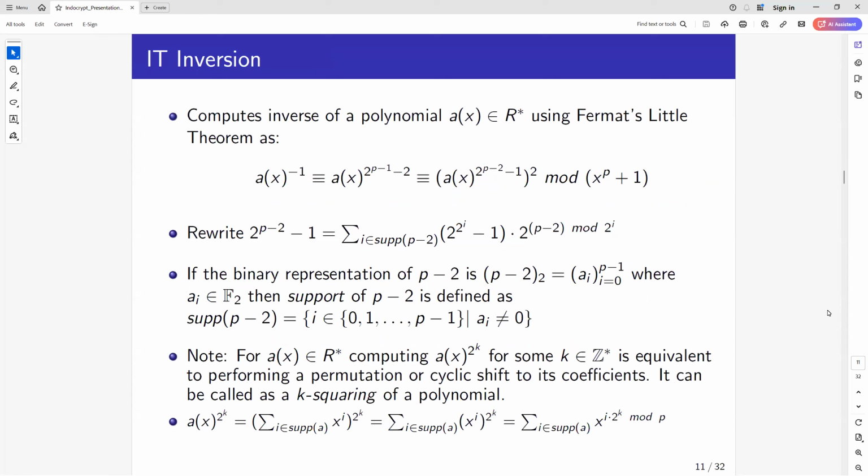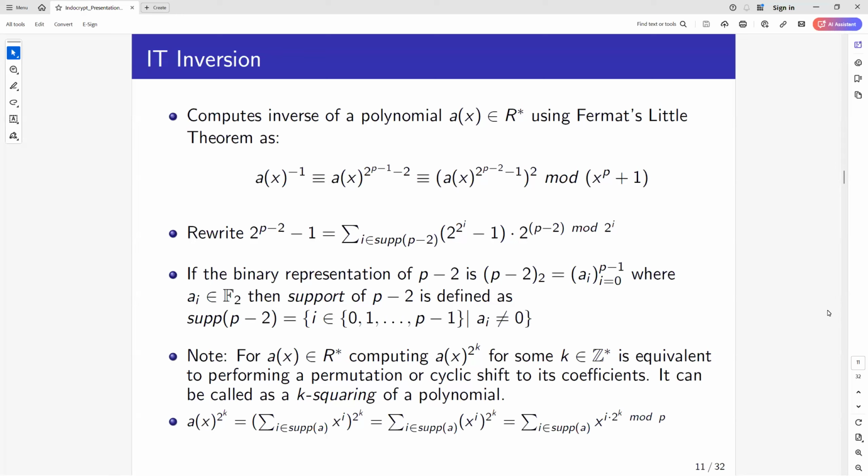Moving on to the next one, it is FLT inversion. This is based on Fermat's little theorem. Using Fermat's little theorem, it is enough to perform an exponentiation to get the inverse of the polynomial. So how can it be done in constant time? The exponent p minus 2 minus 1 can be decomposed so that this algorithm works as a number of k squarings.